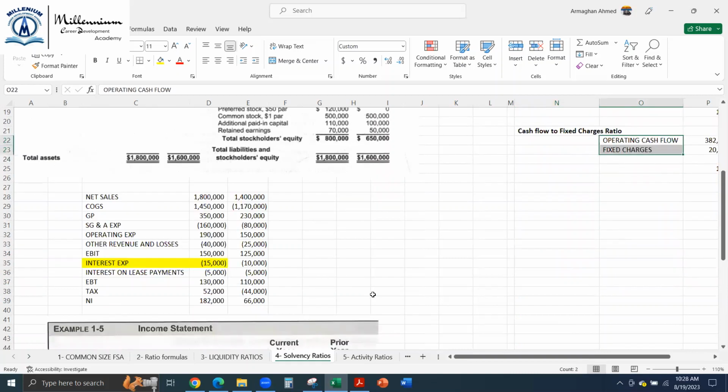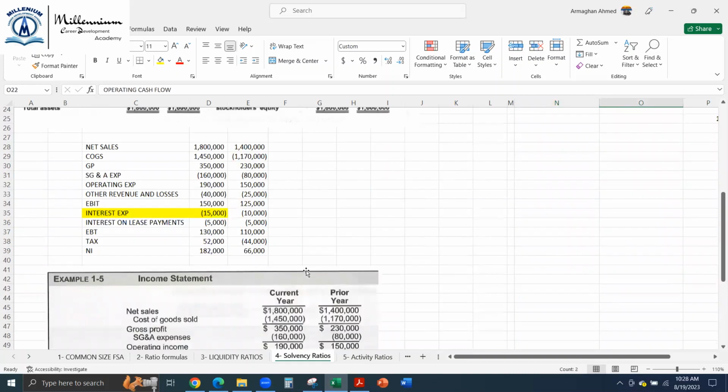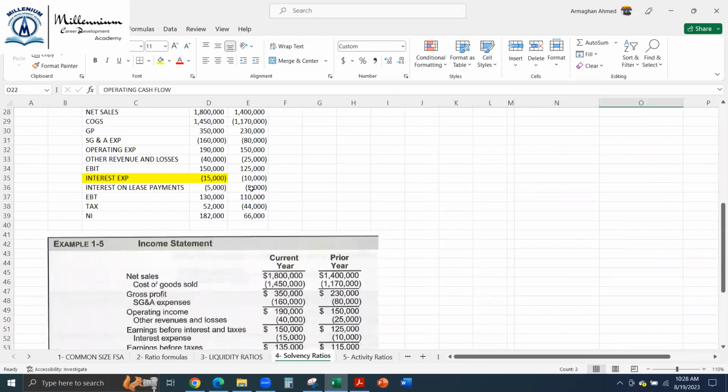So what about the last year? Fixed charge 290 are 15 now, right?